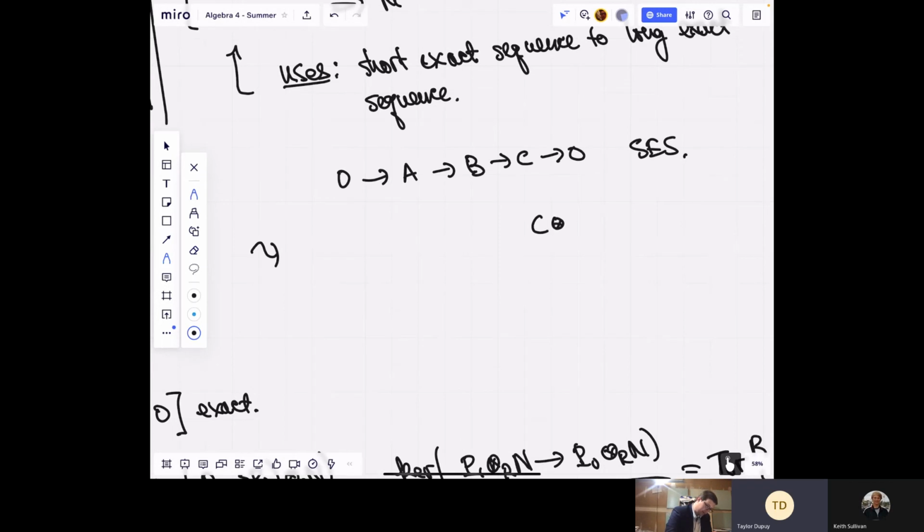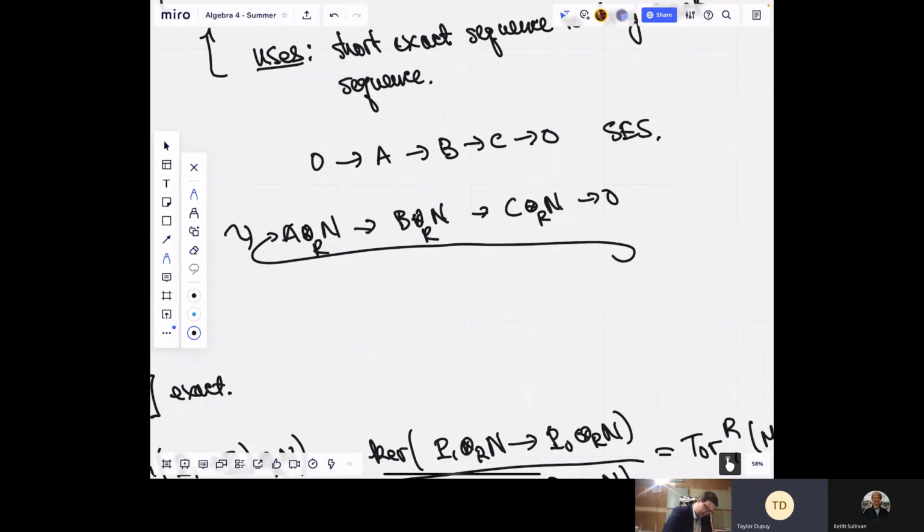So we had something like this. So the surjections are preserved. Sorry, B tensored up to N over R, A tensored up to N over R, and then this thing continued, right?